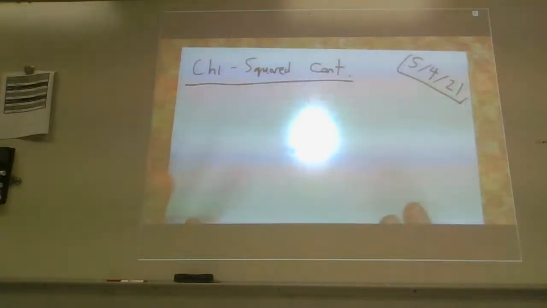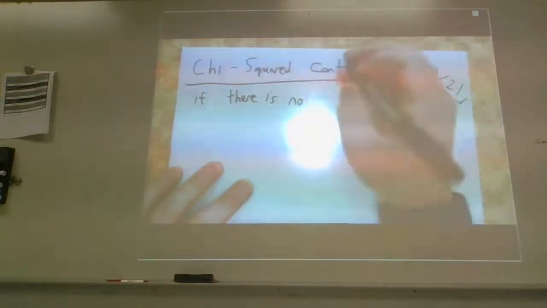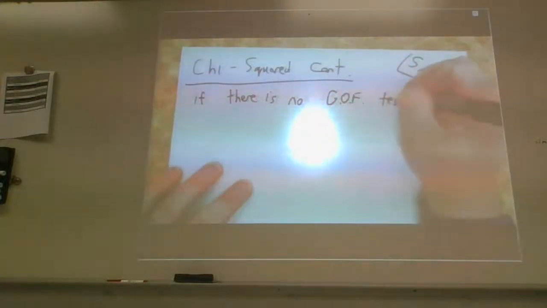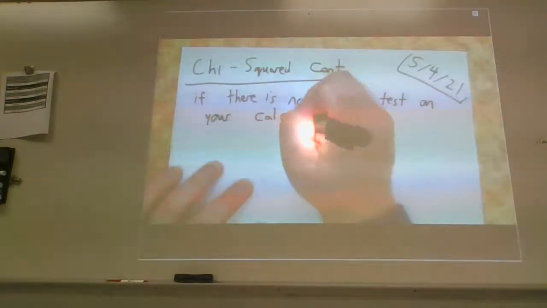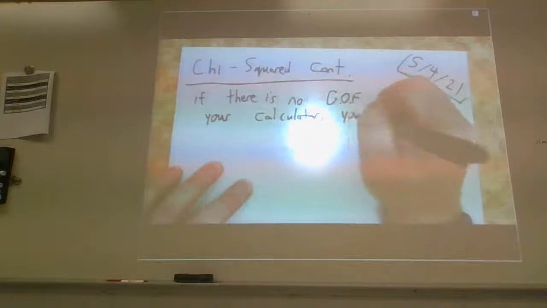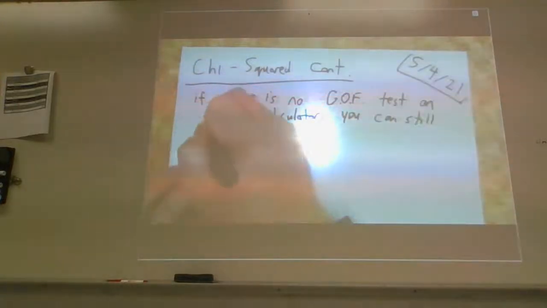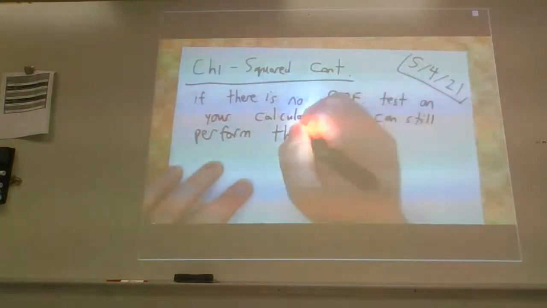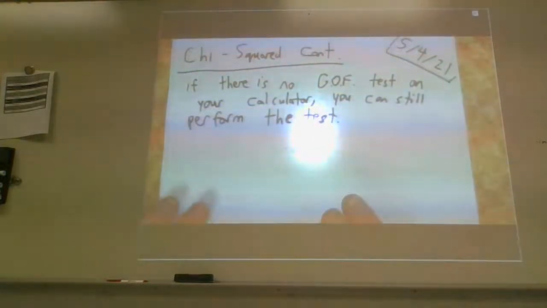If you have to do this by hand, if there is no GOF, goodness of fit test, on your calculator, you can still perform the test.